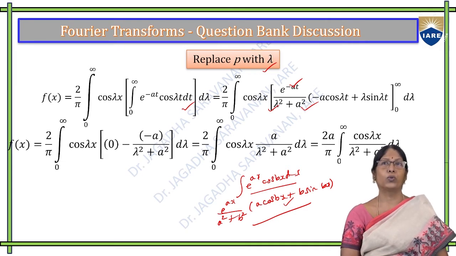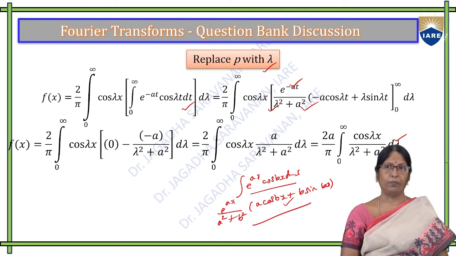Here also e power minus infinity is equal to 0, and e power 0 is equal to 1, which we remembered. So three levels are covered in this problem.